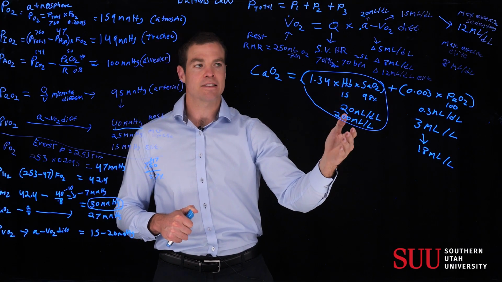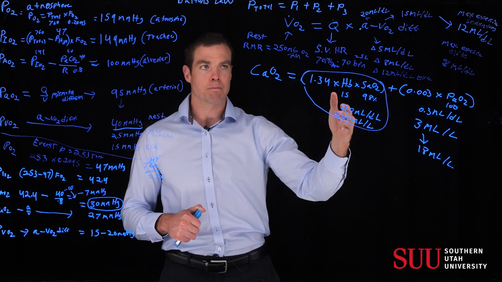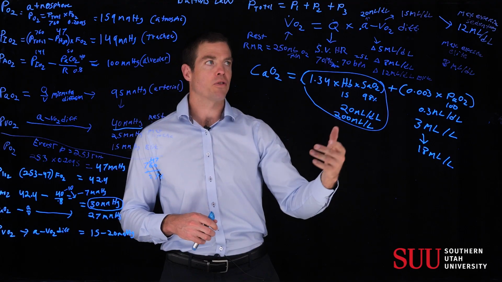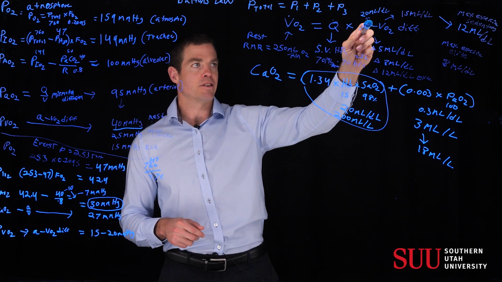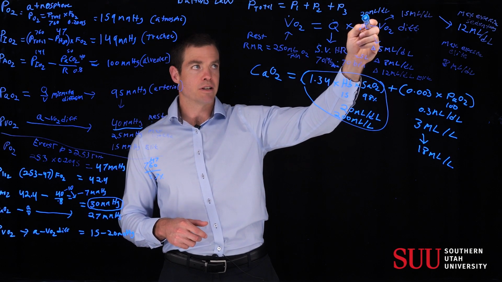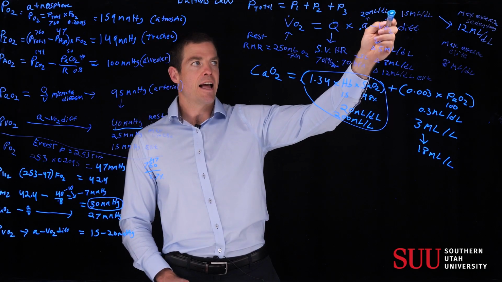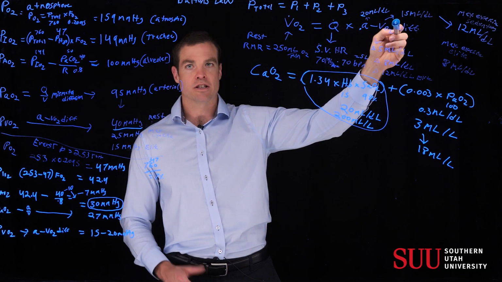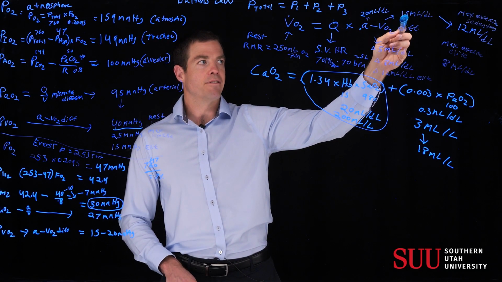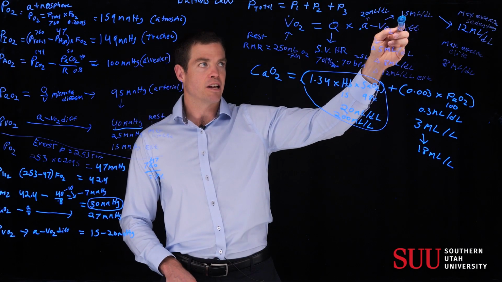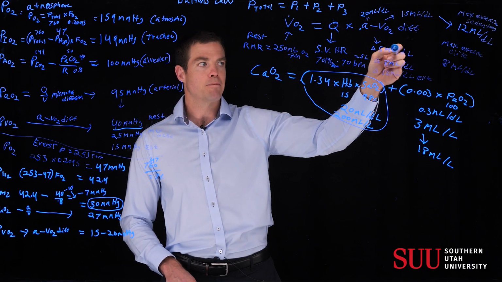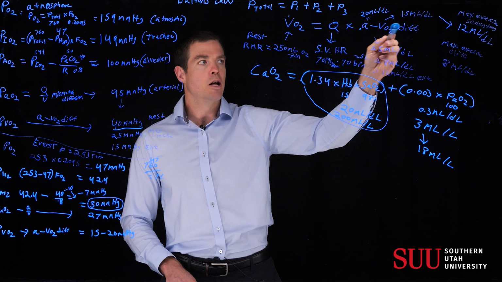And let's not forget that you're already providing way more than you need. If we look again at this AVO2 difference, for example, you're at 20 milliliters per deciliter, and when you're at rest, you're at 15 milliliters per deciliter. So you're only extracting 5 milliliters per deciliter. So there's still plenty.